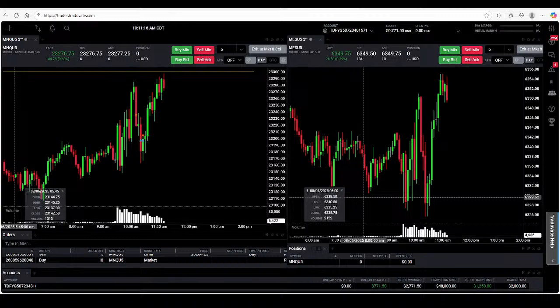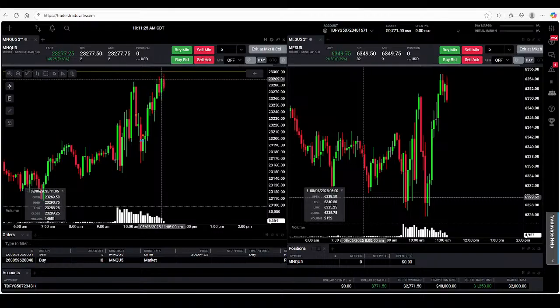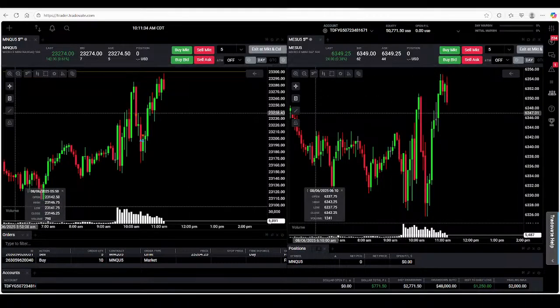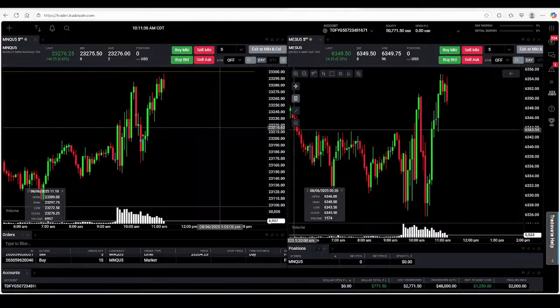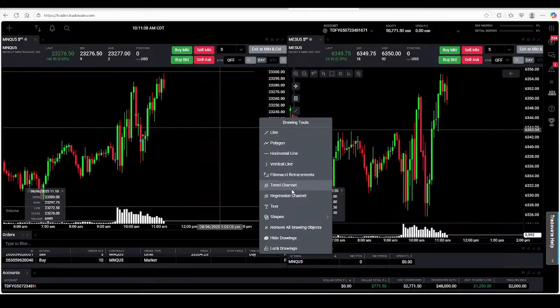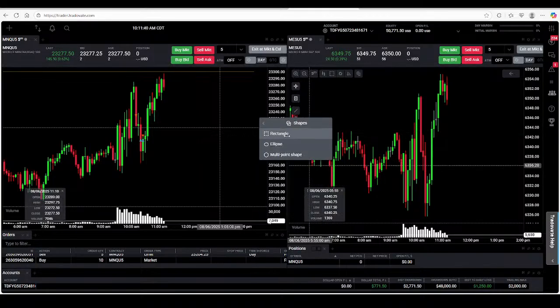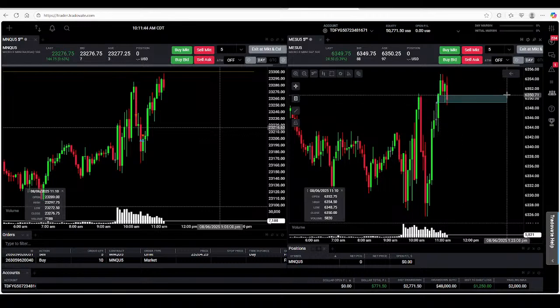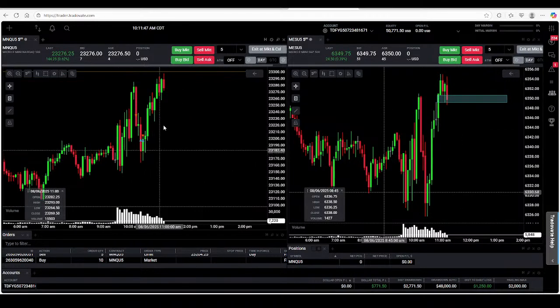All right, let's see. This would be another SMT divergence setup. See, made a new intraday high of day here, swept liquidity. Yes, did not. We do have what is a fair value gap right there.